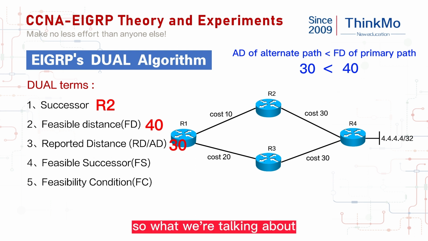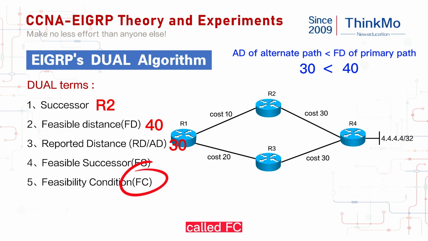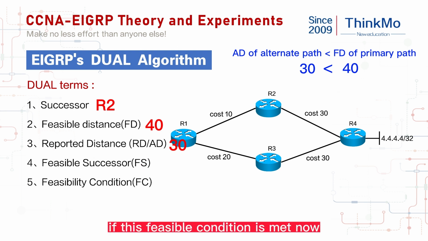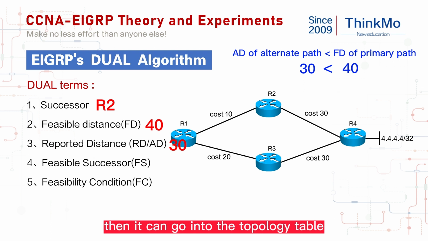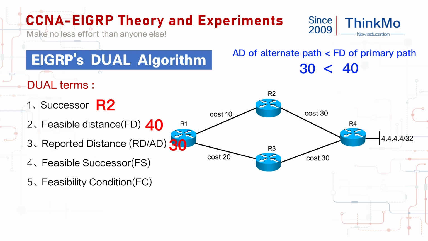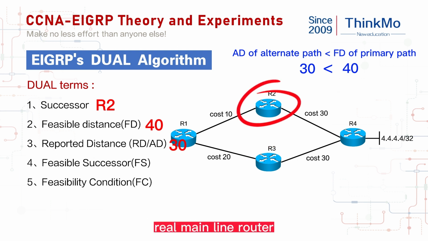So what we're talking about is the feasible condition, called FC. If this feasible condition is met, then the lower path can be a backup path, and it can go into the topology table. The next hop router on the main line is the successor router.